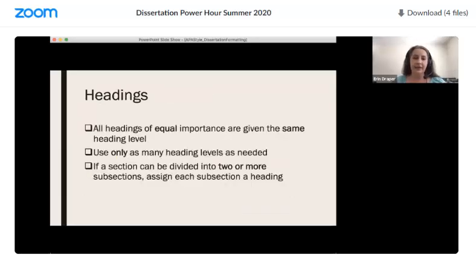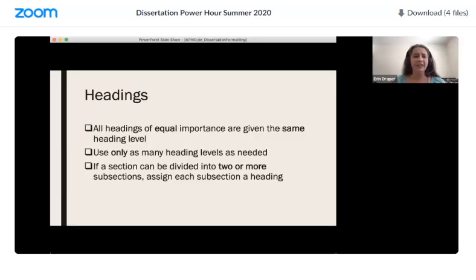Headings. All headings of equal importance are given the same heading level. Because you're writing a very long document, and even within the chapters, some of those are going to be pretty long and have a lot of sections, and some of those sections will have subsections. You'll be using headings and potentially a lot more levels of subheadings than you have in a lot of your other papers.